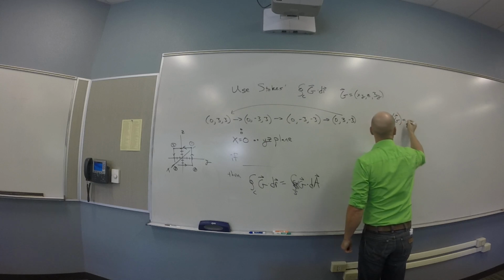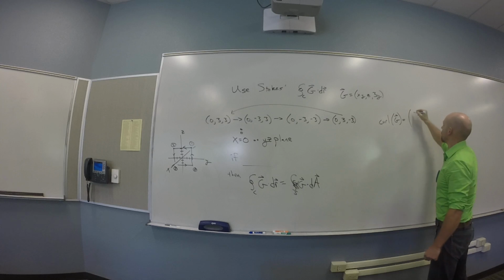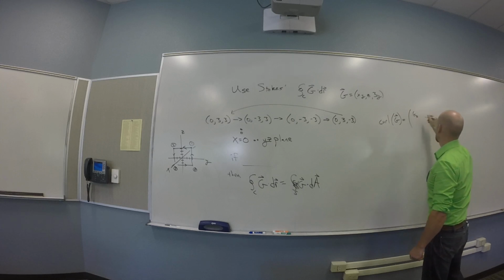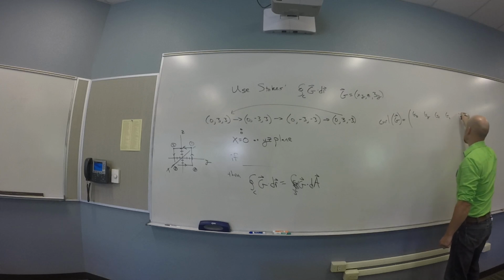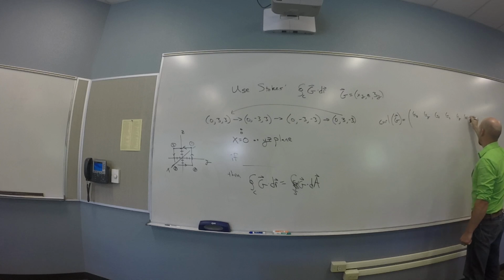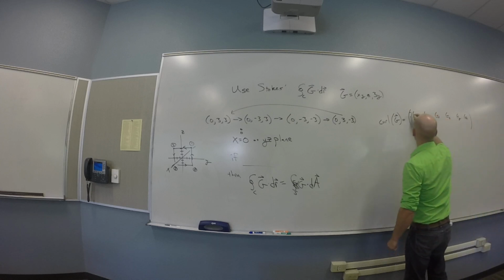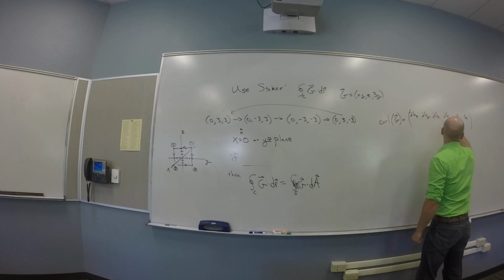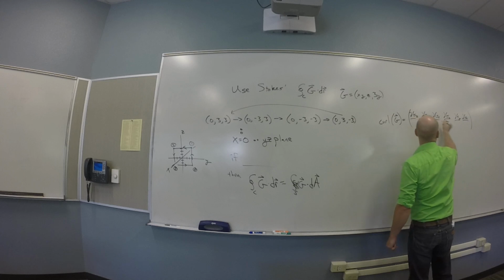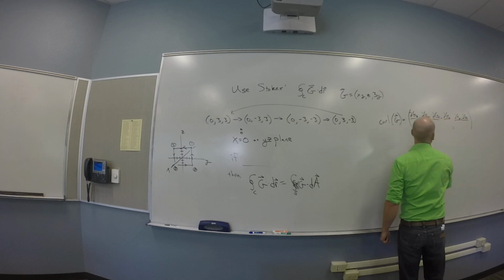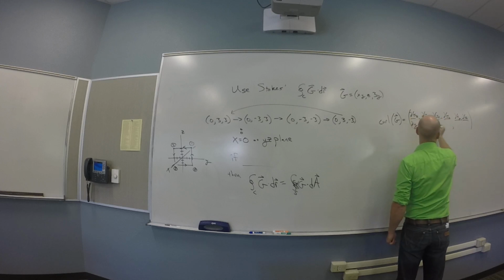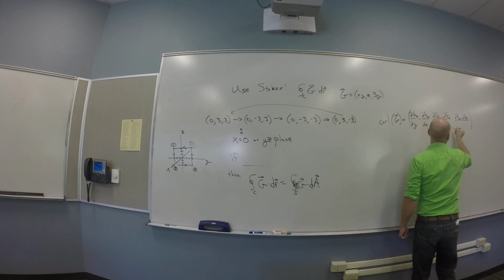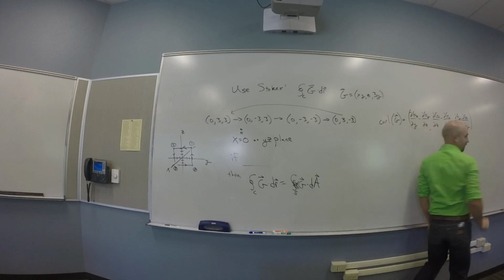So curl of G is: G_z, G_y, G_x, G_z, G_y, G_x, partial, partial, partial, partial, partial, partial over, minus, minus, minus, and then y, z, z, x, x, y.